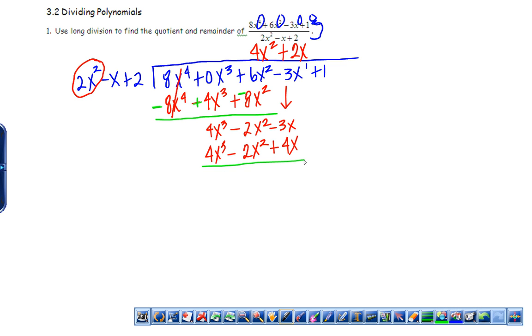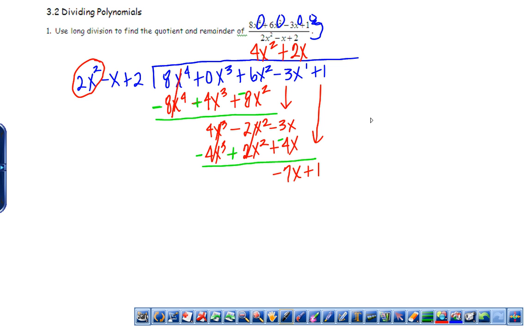Same process, draw a line, change all your signs. And that's super important to change all your signs. This cancels, and I end up with a negative 7x, and I bring down my positive 1. Okay, now what times 2x squared gives you negative 7x, and there's nothing. So I'm done, and I can write my answer.